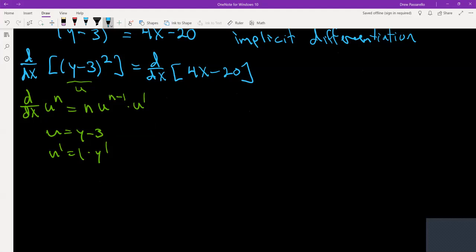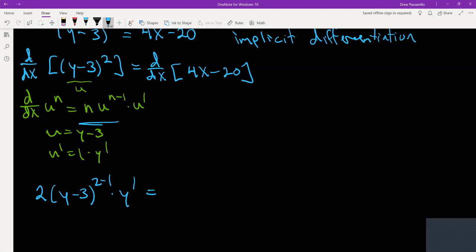So in this case, for (y minus 3) squared, you drop down the exponent, so it'd be 2 times (y minus 3) to the 2 minus 1, that's this portion, then times u prime. Well, u prime is 1 times y prime, which is just y prime. All right, and then all of that's equal to the derivative of the right side.